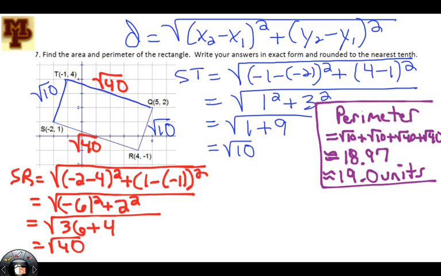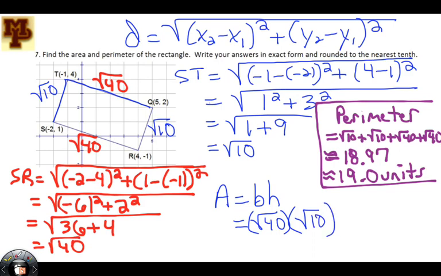Alright, so that's perimeter. Now area of a rectangle is just the base times the height. So area is base times height. So the base, let's say that's square root of 40. And then we're going to multiply that by the height, which is square root of 10. And then we just put that into the calculator.